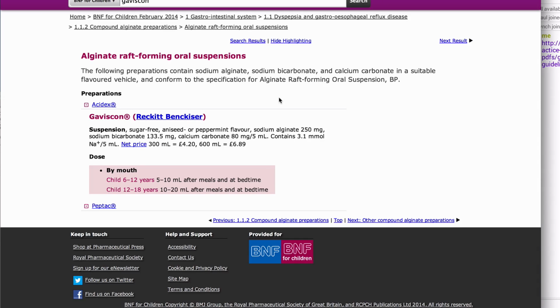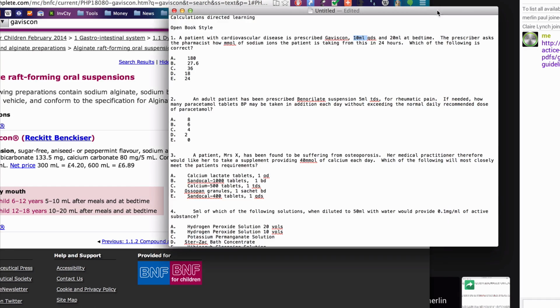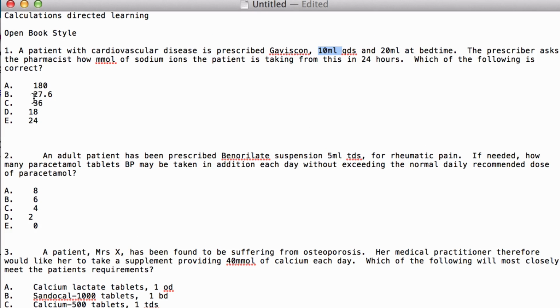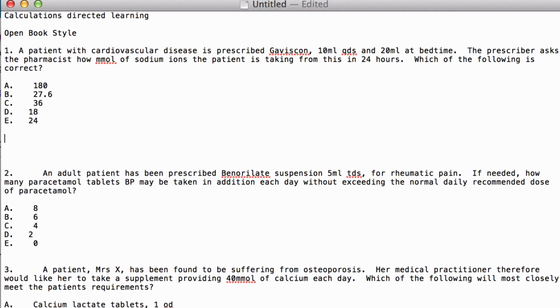It says contains 3.1 millimoles of sodium per 5 ml. So 3.1 per 5 ml. Okay, so what's that times? You've got to times it by 12, yeah, to make it 60.